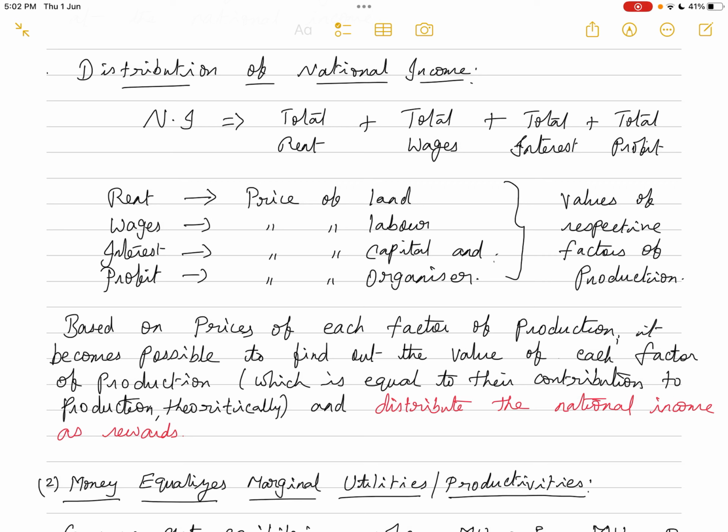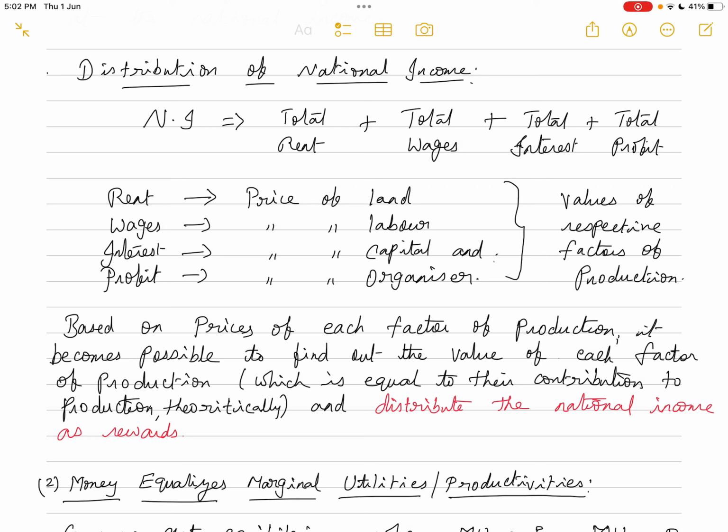If the laborer's contribution is only equal to, say for example, 5,000, the producer will not be paying 50,000 to that laborer, isn't it? So it will be somewhere around the contribution made by the laborer. Similarly for all the factors of production.